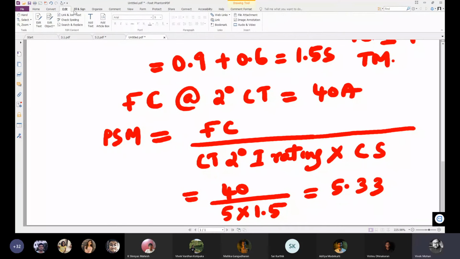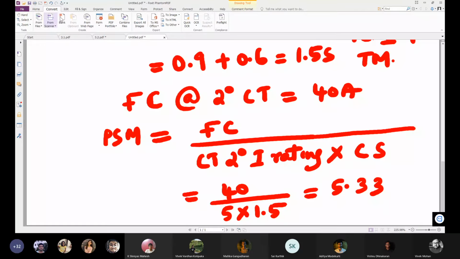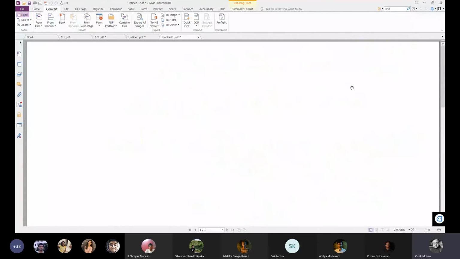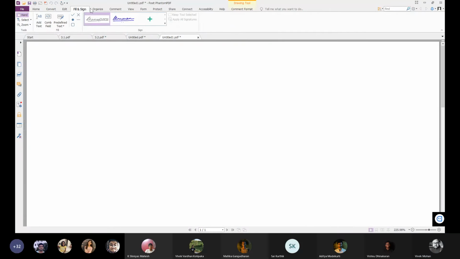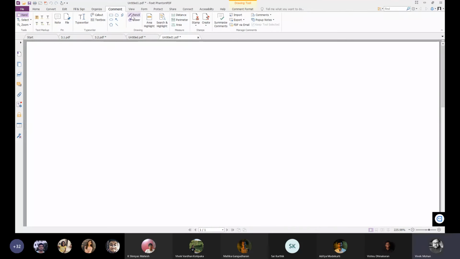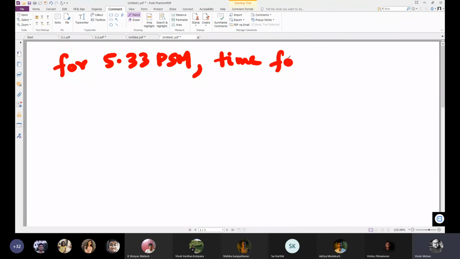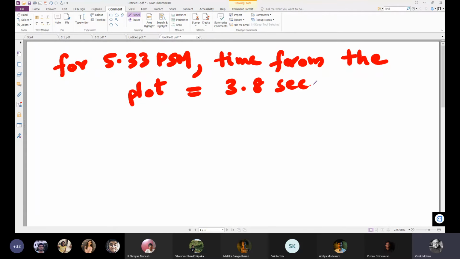Now for 5.33 PSM, time from the plot is equal to 3.8 seconds.